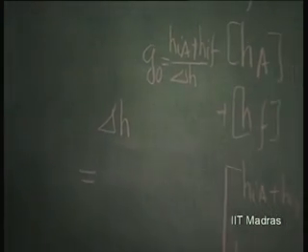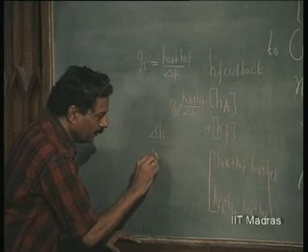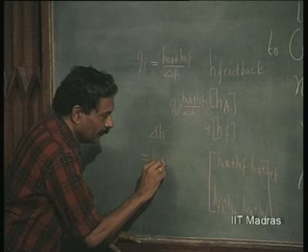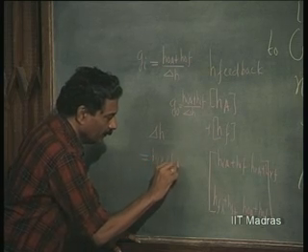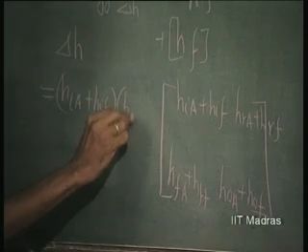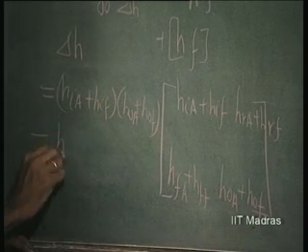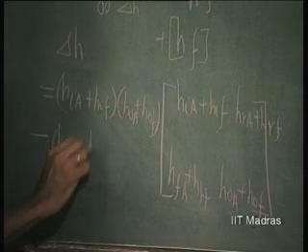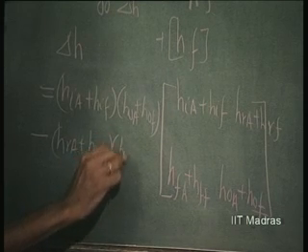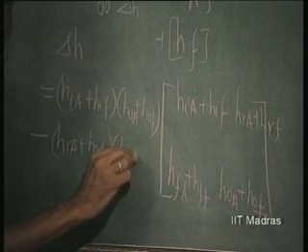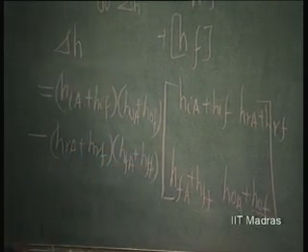Delta H is the determinant, which is (H I A plus H I F) into (H O A plus H O F) minus (H R A plus H R F) (H F A plus H F F). This is the determinant.